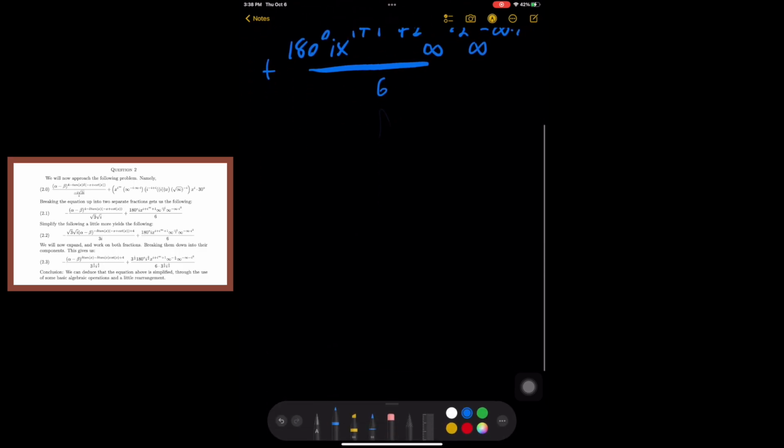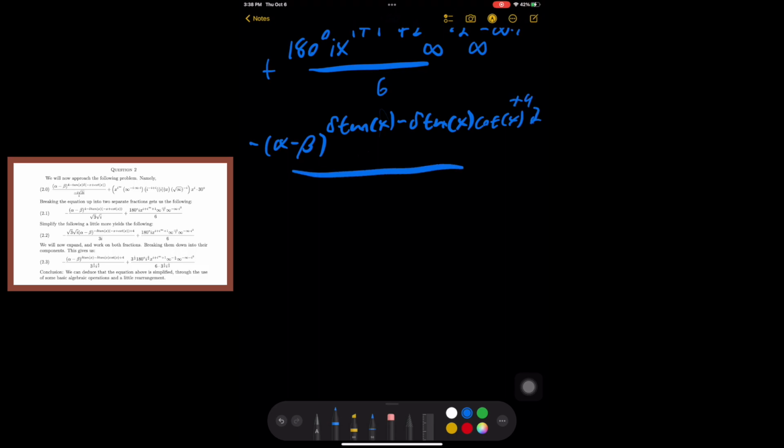So bringing this down after doing all the simplifications, and of course finding common denominators between the 2 fractions, we have negative alpha minus beta to the delta tan x minus delta tan x, okay, cotangent x, I don't have a lot of space, but yeah, plus 4 goes here, all over root 3 root I. And then we're adding this to root 3, 180 degrees, I to the 3 halves, x to the I plus I to the infinity, plus 1.